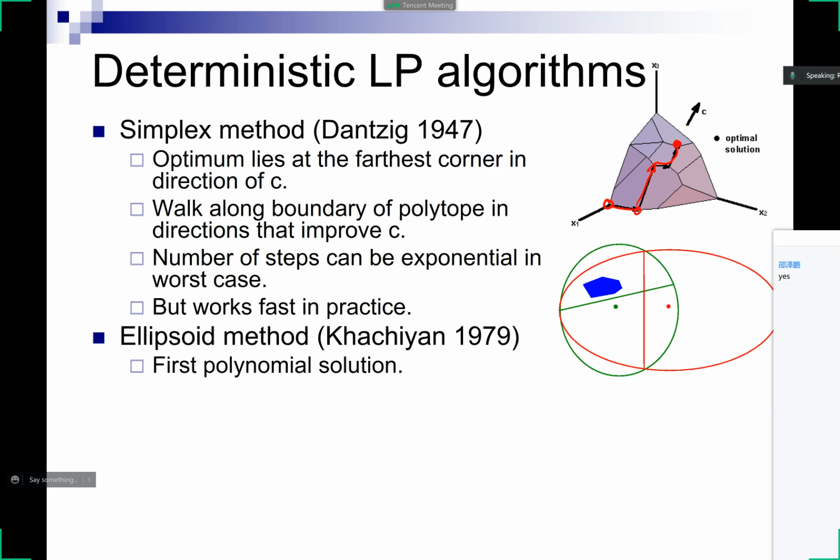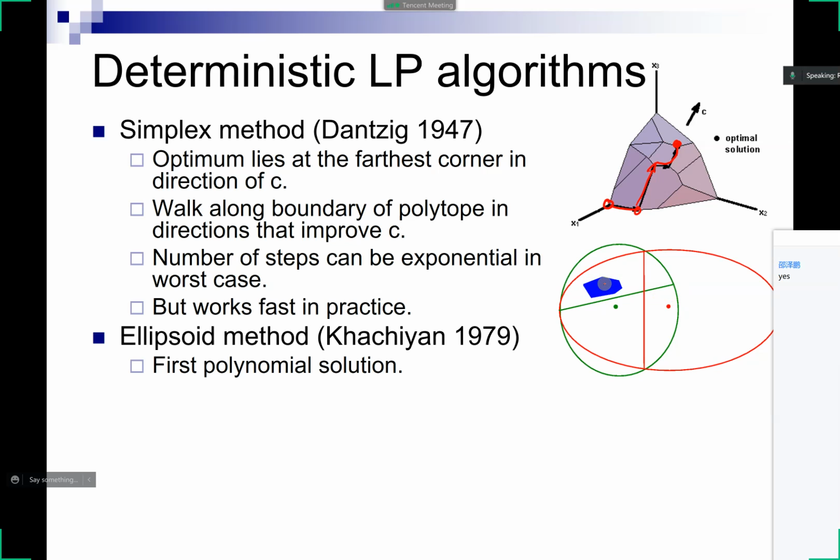I'm not going to describe how this algorithm works in detail, but basically, instead of looking for the optimum point in a polytope, in this case this blue region over here, all you're trying to do in the ellipsoid algorithm is find one point which is in this blue region.